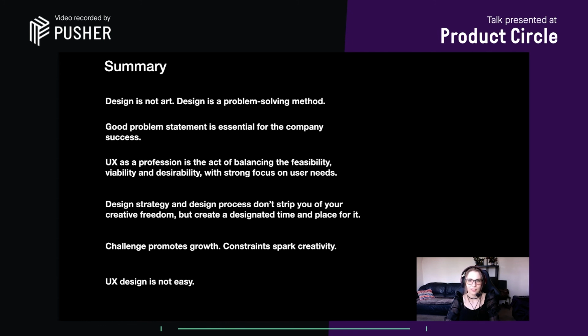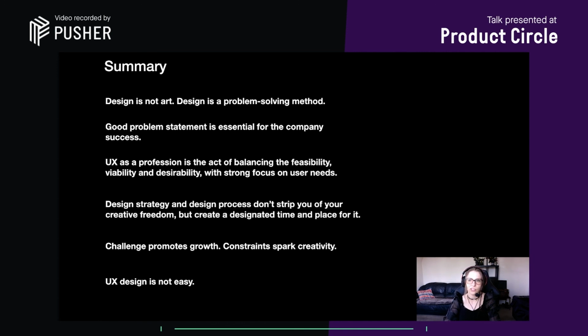We can't discard everything else and go blindly for user needs. As harsh as it sounds, that's the real life. We are employed to solve problems, and we get paid for it. And if we can solve those problems with a high focus on user needs, that is an absolute win.